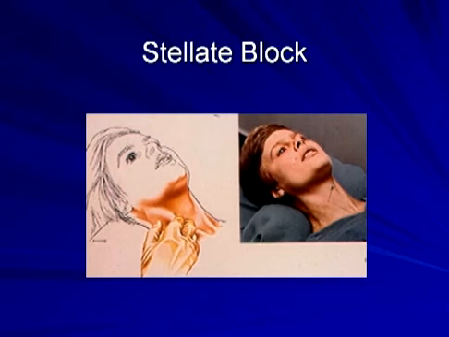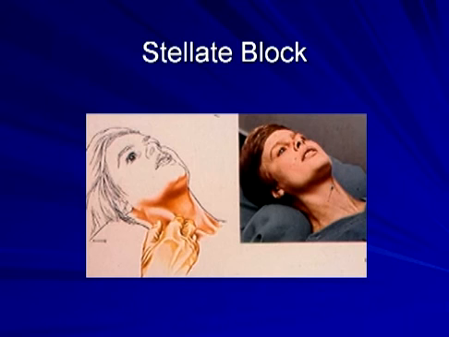And you look at the landmarks: you see the sternocleidomastoid, the sternal head of the sternocleidomastoid, you have your trachea here, you have your sternal notch, and at about the level of the cricoid cartilage, anatomically that's approximately C6 cervical level.